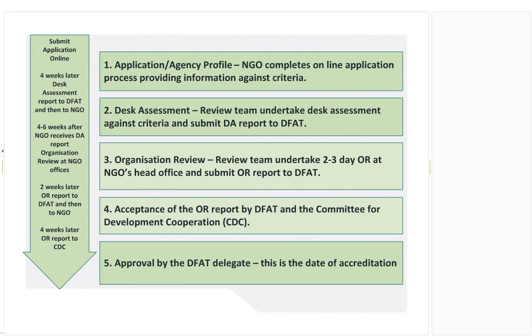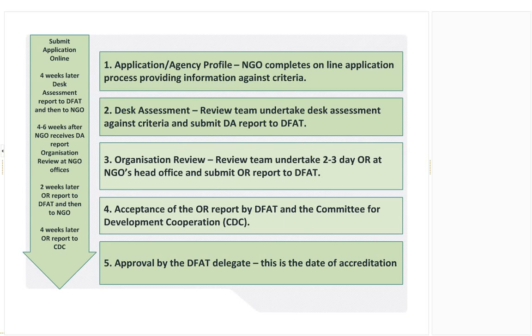Following the OR, the assessing team writes a report that DFAT reviews, and then we send that out to the NGO. The NGO has a right to respond to that report, correct any factual errors, and then if there's any differences of opinion there, can certainly write a response to that as well.